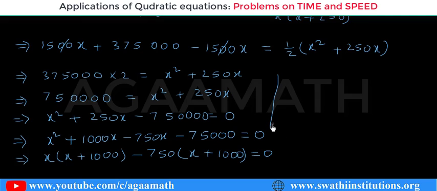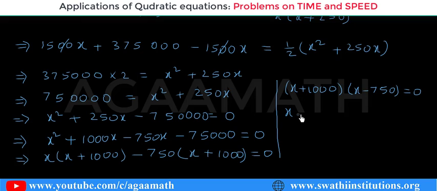So what I get is x plus 1000 times x minus 750 equals 0. Then I know that x equals minus 1000 or 750, that is 750, right?